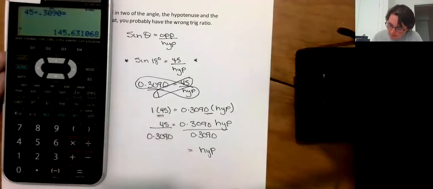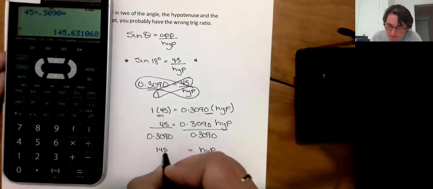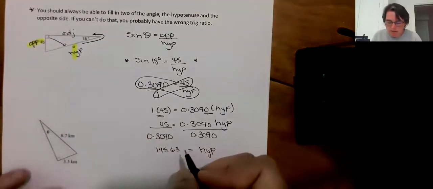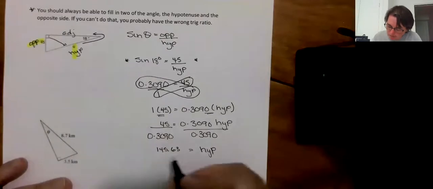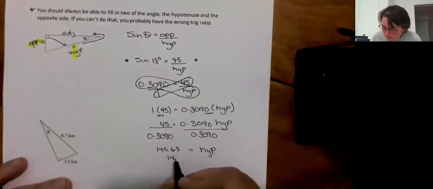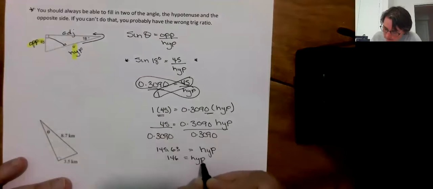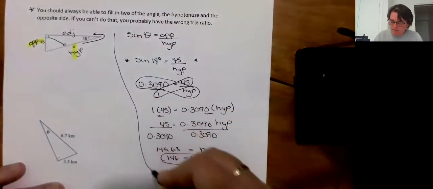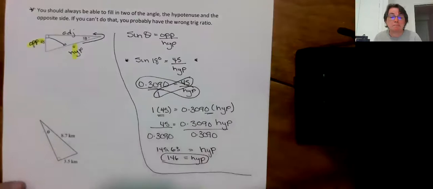All right, 145.63. And if I look at my original question, that was still a whole number, so I'm going to go 146. And there were no units, I'm not going to worry about that. It is hypotenuse. What I am going to worry about is I didn't leave myself a whole lot of space for my next question.